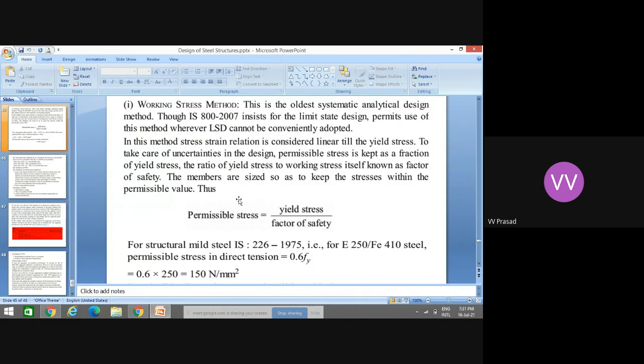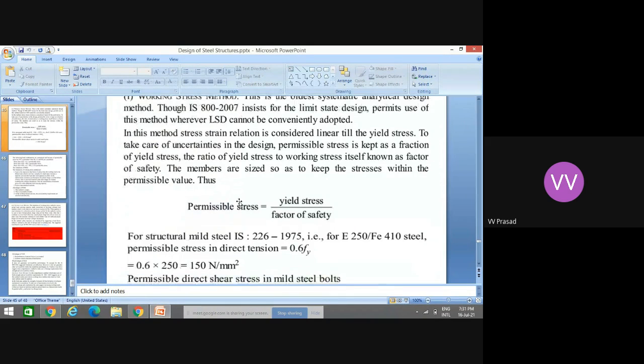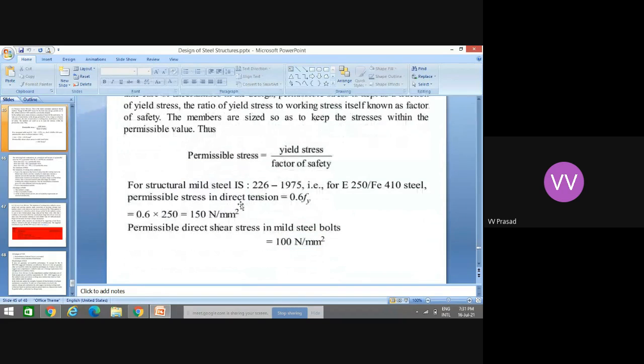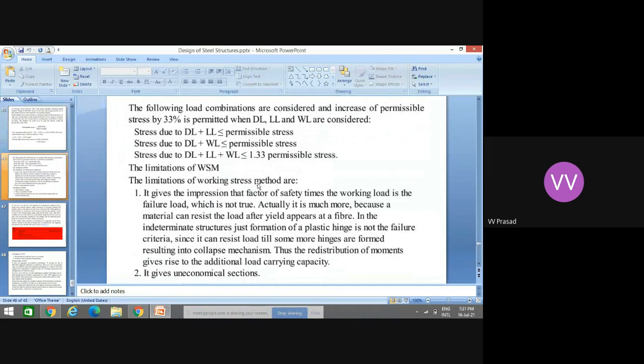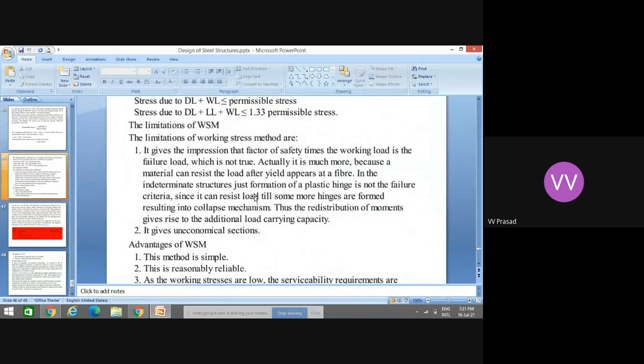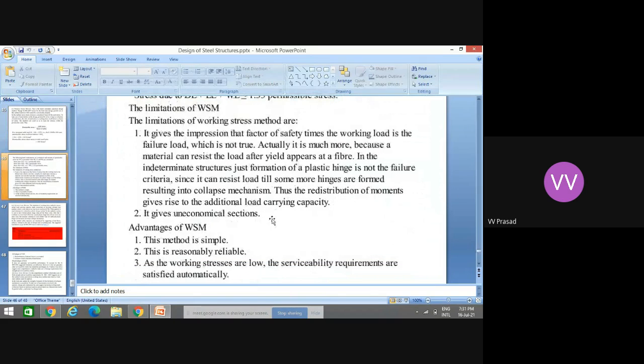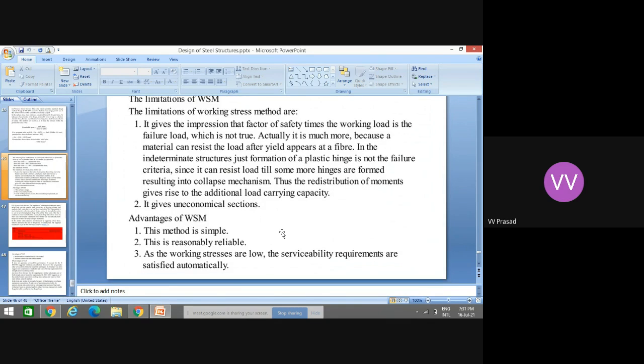Wherever limit state method is difficult to implement, in that circumstance only the working stress method is possible. Advantages of the working stress method: this method is simple and reasonably reliable. As the working stresses are very low, the serviceability requirements are satisfied automatically.